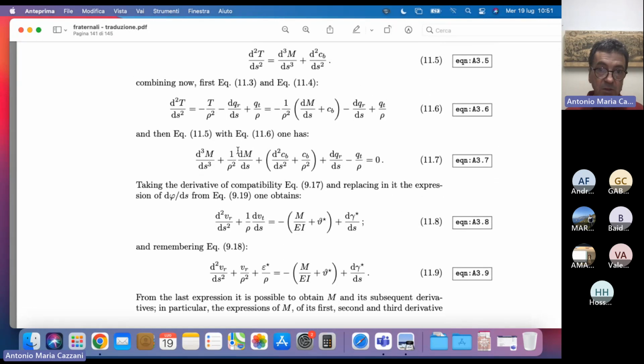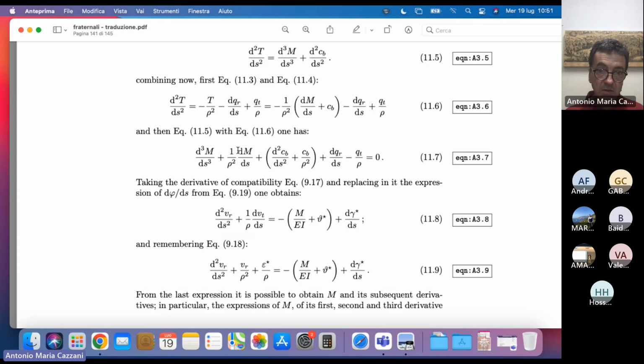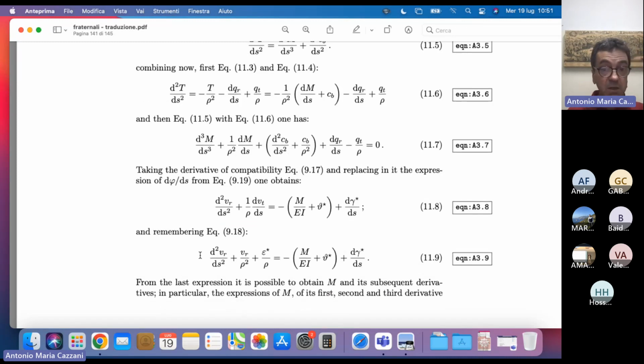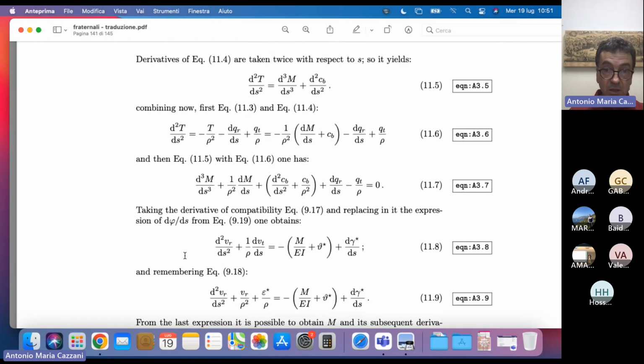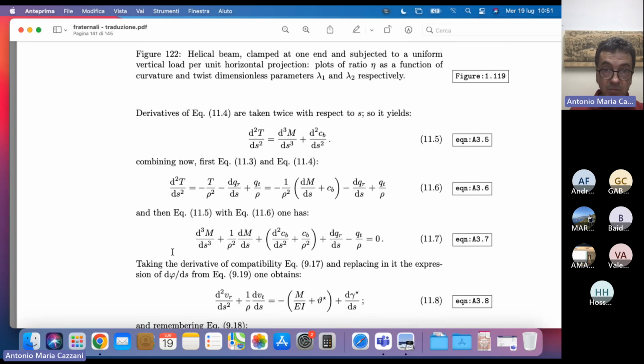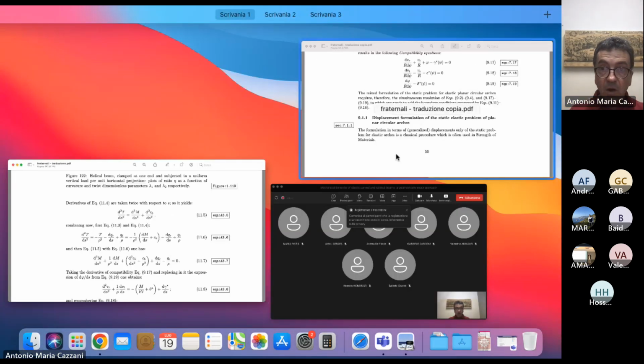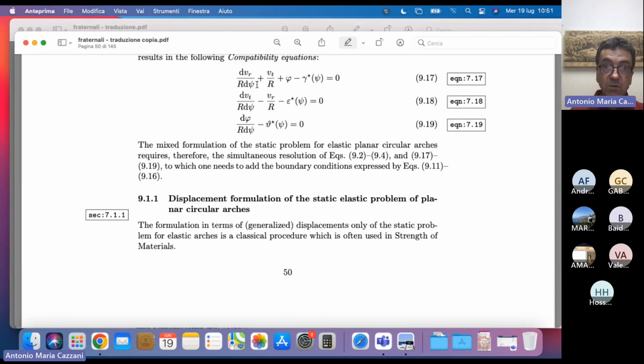Then we can use this solution, so we now know VR, and once we know VR, we can use this equation, which is a first order differential equation in Vt, to get Vt. Otherwise, you could simply replace, yes, it's the easiest thing.